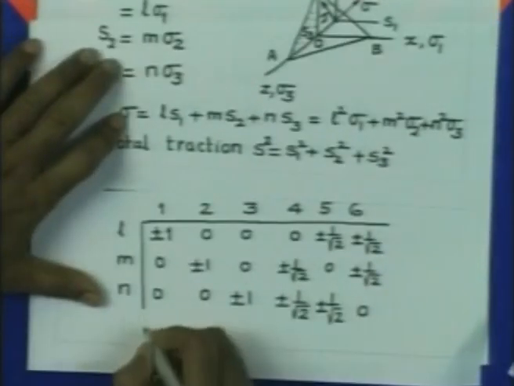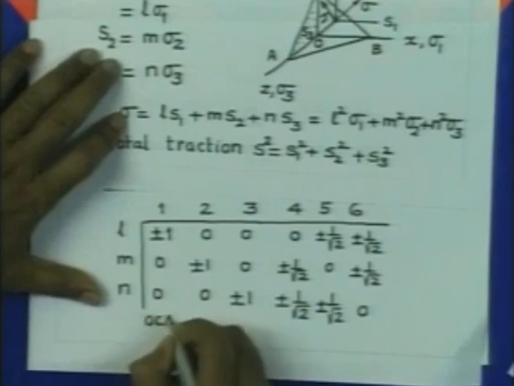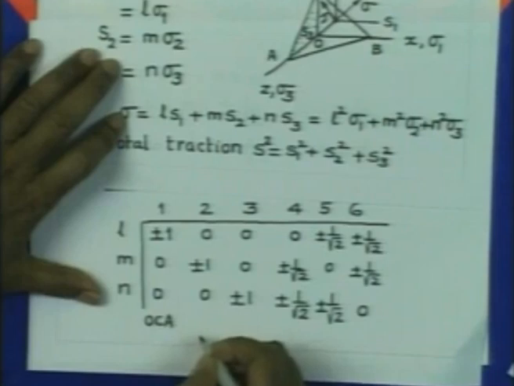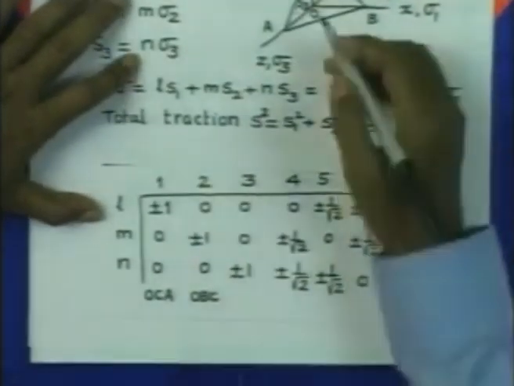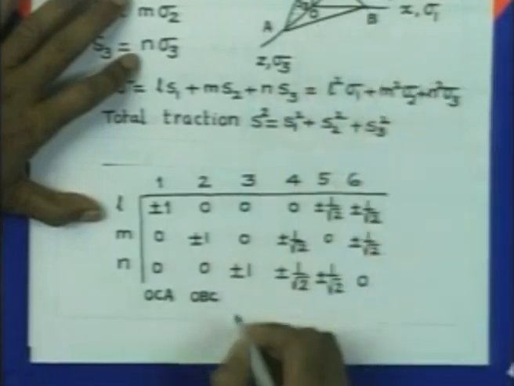The first one represents the plane OCA, the second one is nothing but OBC, and the third one is nothing but OAB.